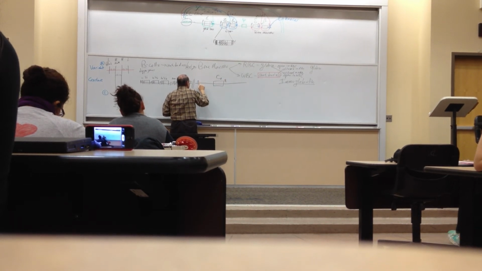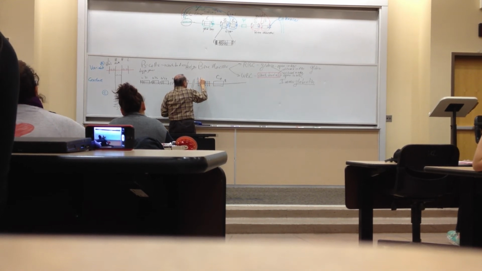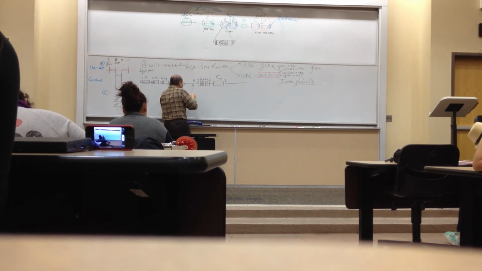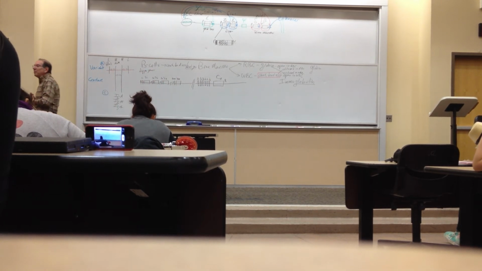And here, takes me a second to draw all these. We have joining regions, J1, J2, J3, J4, J5, and J6. The joining regions are little mini exons.